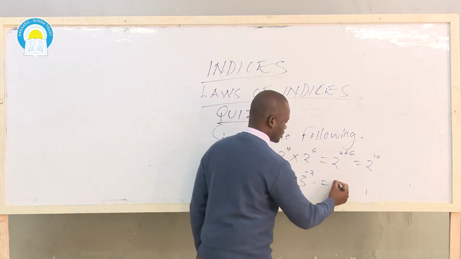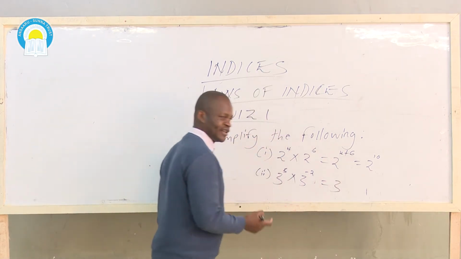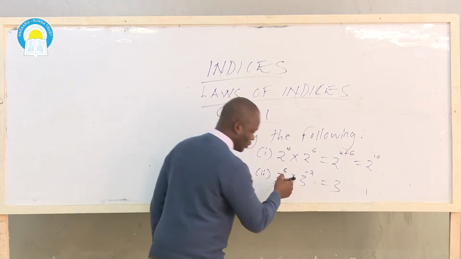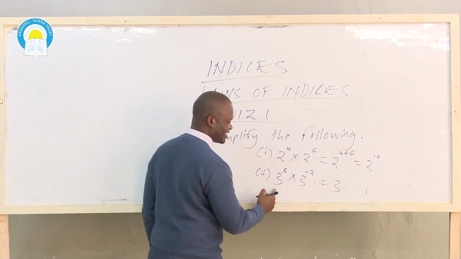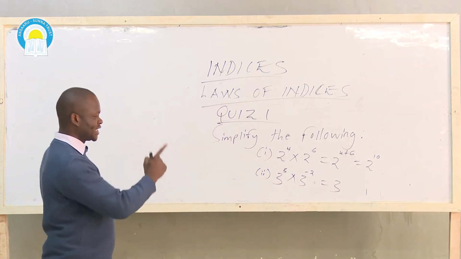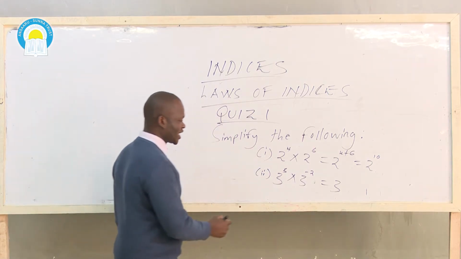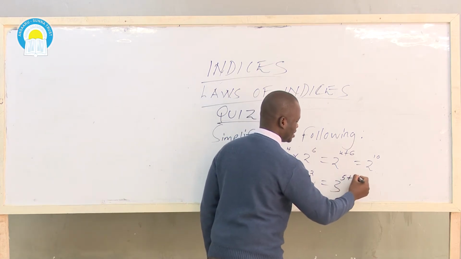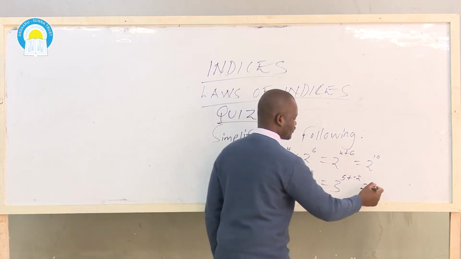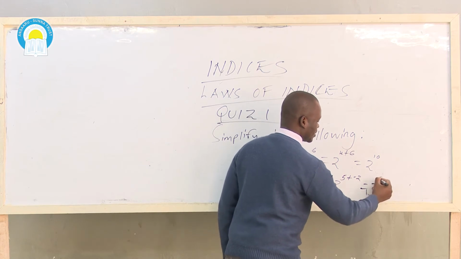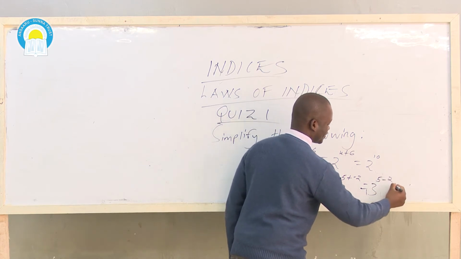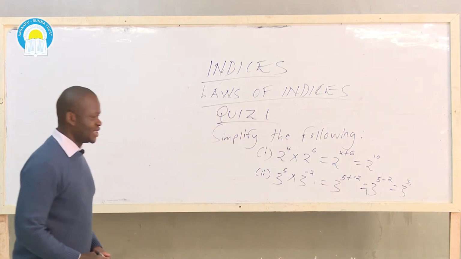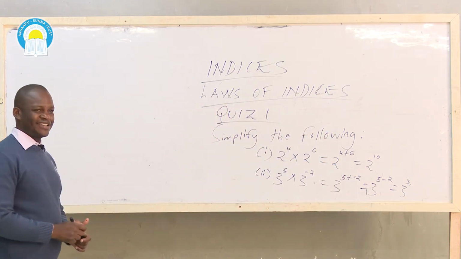Now here we have again the same procedure. The condition is that we are multiplying and the bases are the same, meaning the first law is applicable. So we have 5 plus negative 2. From your indices, that will come to 5 minus 2. In the end, we have 3 power 3.